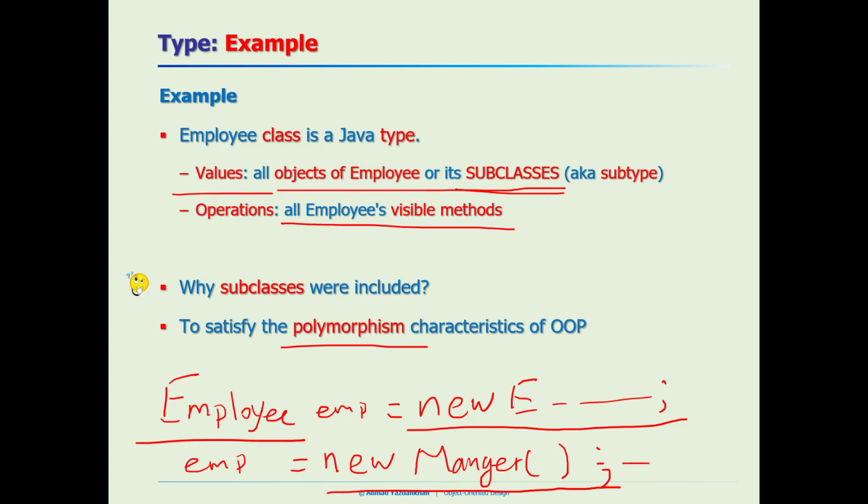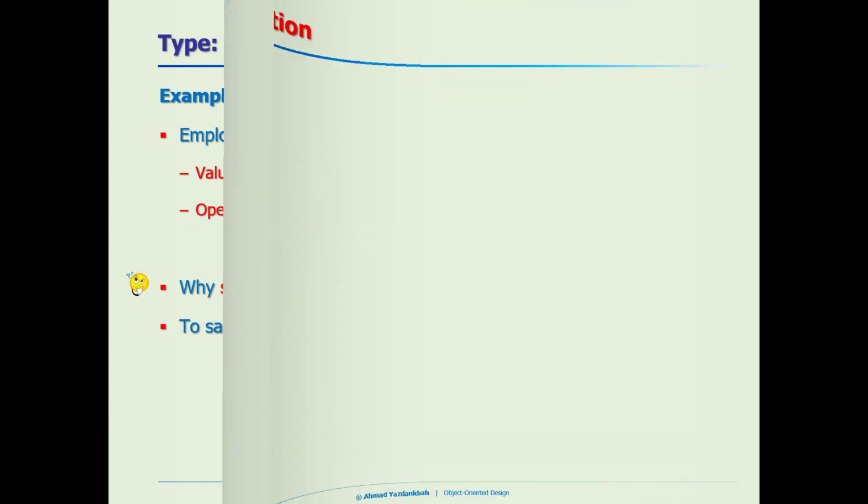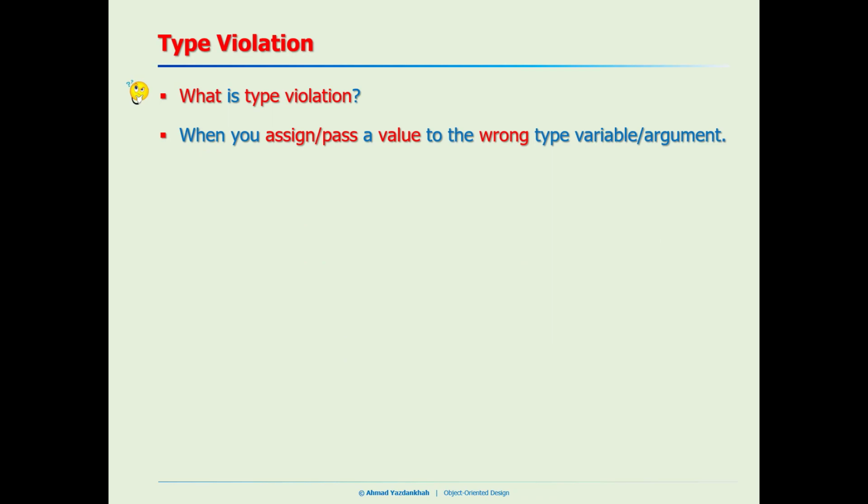Okay, now the question is, what is type violation? When we say a type is violated, it means that we are assigning or passing a wrong type to a variable. What does it mean? Look at this.